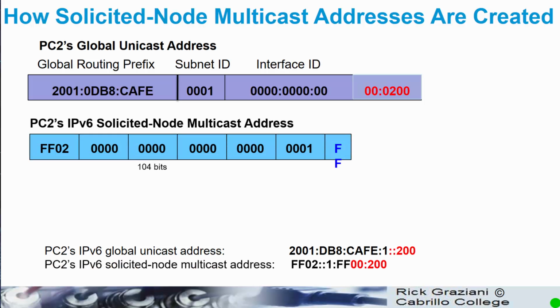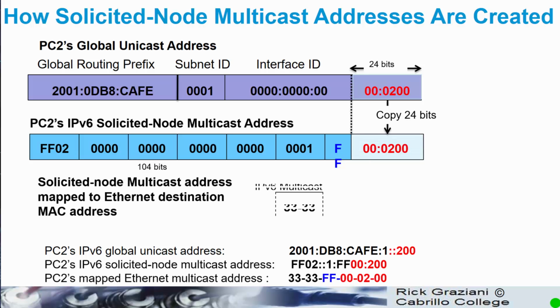So here's our IPv6 global unicast address and its solicited node address. You're going to notice that they map pretty similarly. Let me grab my pen. It's 00:0200. Again, notice the double colon there, so there are 2 zeros in the next 2 spots, hence the 00:200.